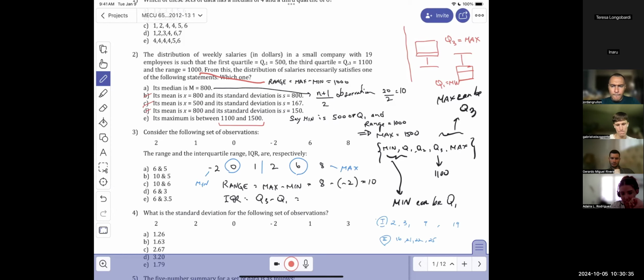So Q3 minus Q1 is 6 because it's 6 minus 0, which is 6. So the answer is here. How's that? So you might have messed up either. You didn't put them in order or you didn't do minus -2. I think those are the ways to mess up that. All right. Good.